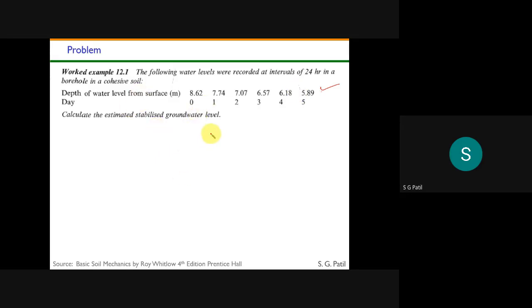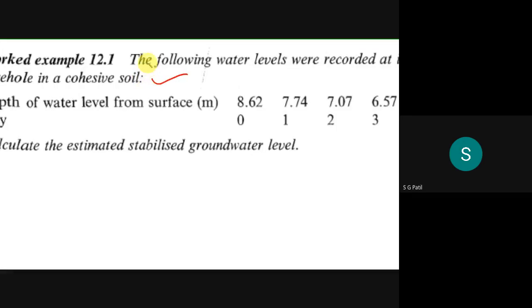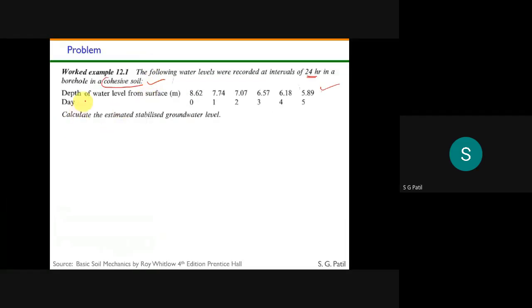This problem is based on the same Ohm's method only. The following water levels were recorded at an interval of 24 hours in a borehole in a coastal soil. This method is always applicable in coastal soil. The depth of water level from the surface: on the 0th day, what was the depth of water table? 8.62 meter.